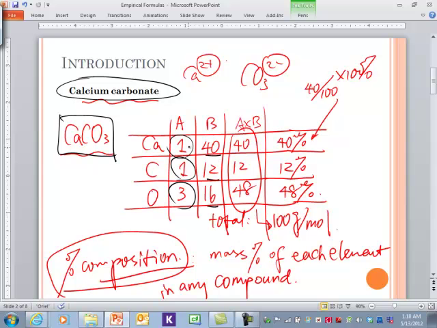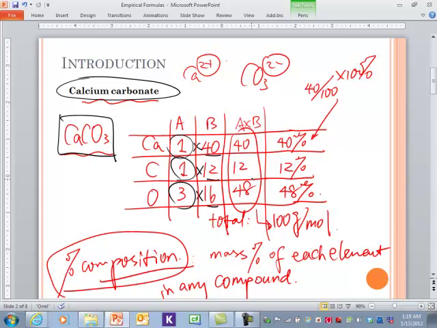Since there's only one calcium in the calcium carbonate, you have 1 multiplied by 40, got 40 grams. 1 multiplied by 12 grams. 16 times 3, because you get 3 moles of oxygen, you get 48 grams. That is the 48 grams contribution to the mass from the oxygen atoms in the molecule.